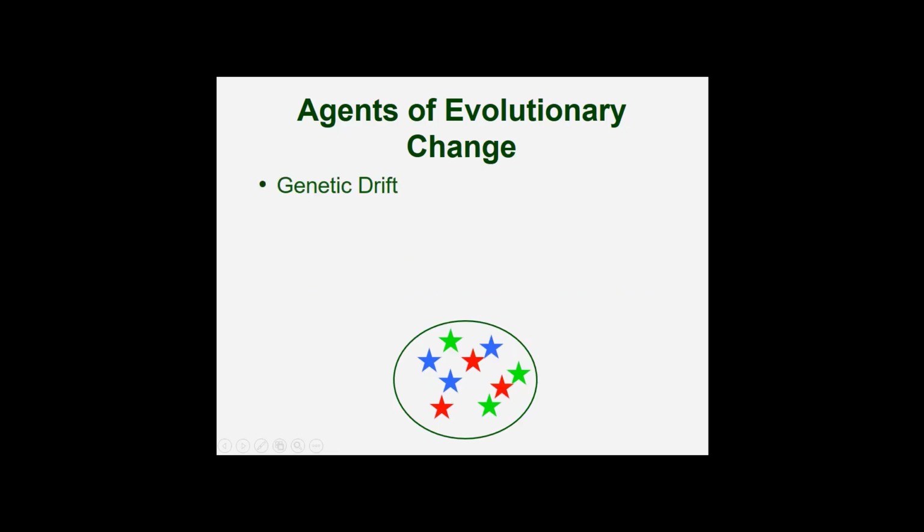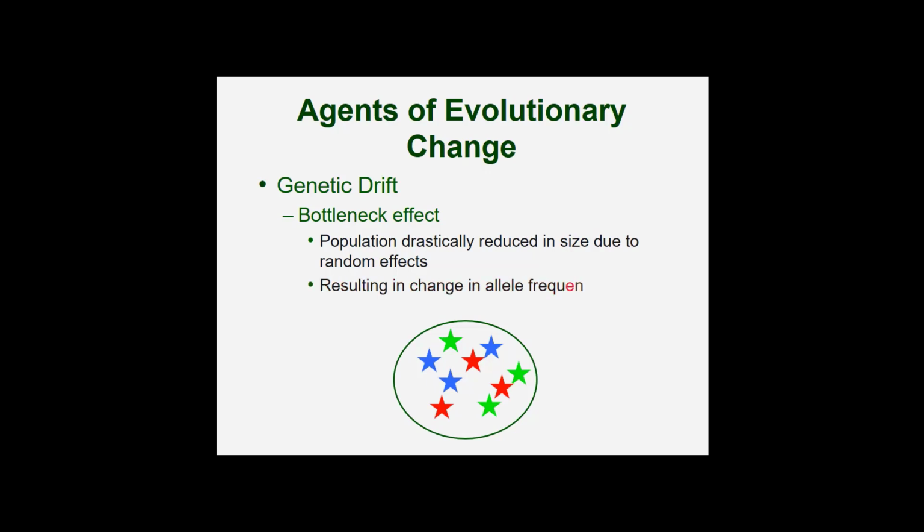The other example of genetic drift is the bottleneck effect. So in the bottleneck effect, you have a population which is randomly or drastically reduced in size, typically due to some natural event. So this may be due to a volcanic eruption. This may be due to a tidal wave coming in or a fire coming through.